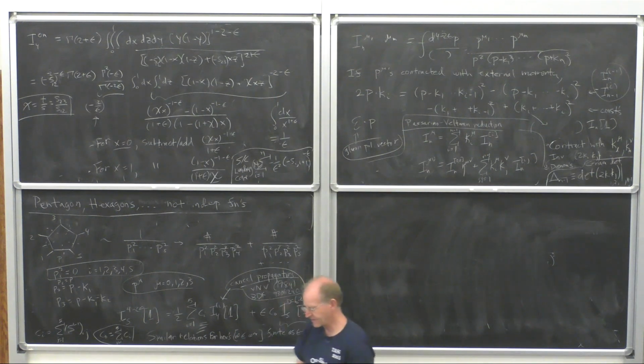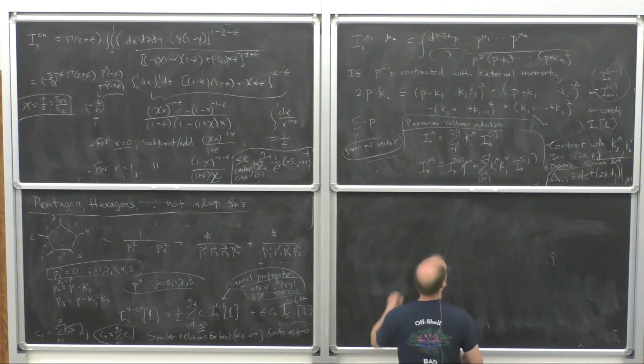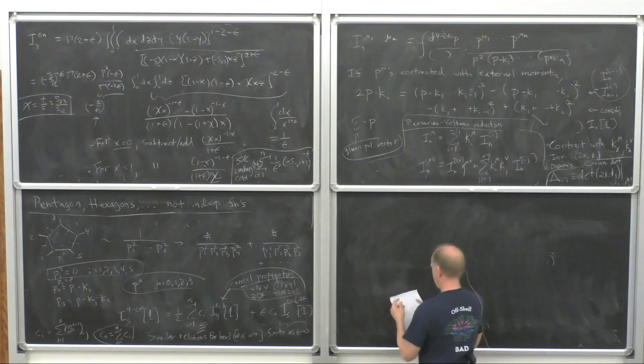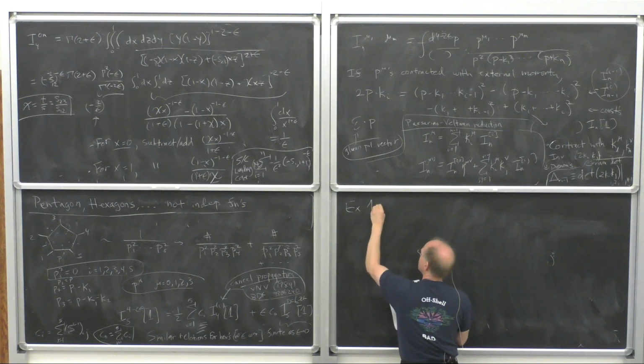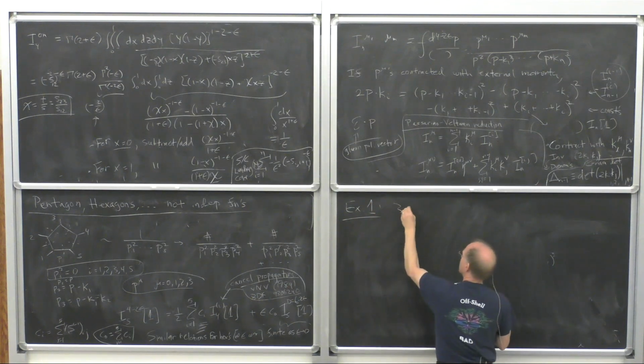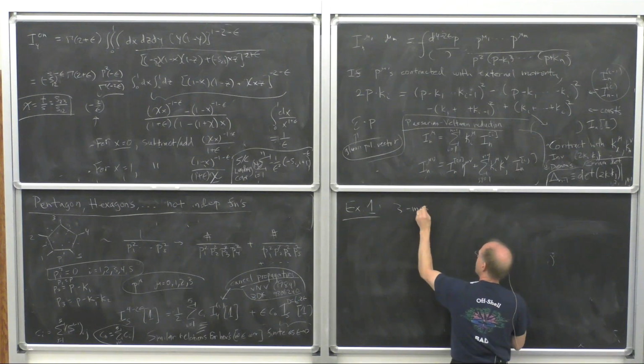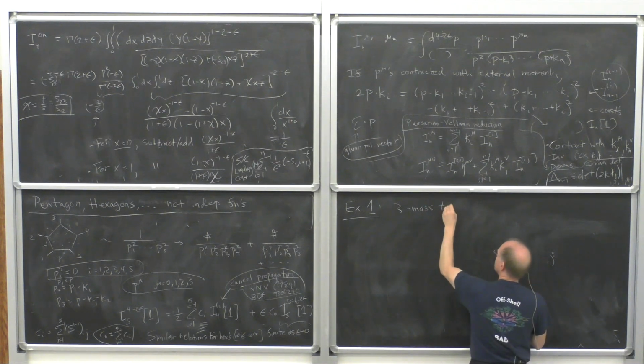So let's just look at a couple of examples of these Gram determinants. So the first example is the 3-mass triangle.